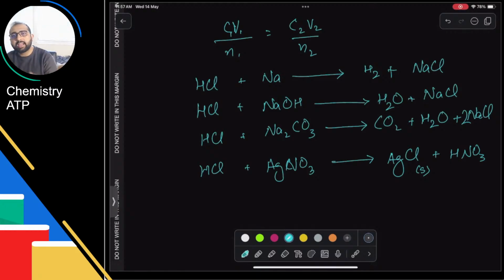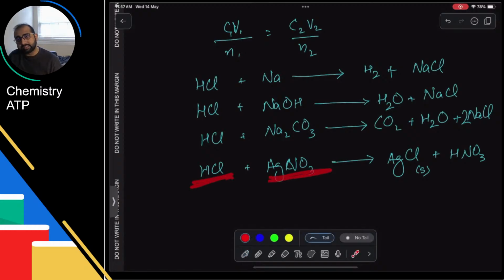This is not an acid-base reaction. This is not an acid-metal reaction. This is HCl acting as one salt, silver nitrate acting as another salt, making a precipitate. The real reaction is happening between silver and chloride ions. It's not the hydrogen that's doing the main reaction. That is just the spectator ion. So here, HCl doesn't show whether it's an acid or not. The other reactions are where it shows that it's an acid.